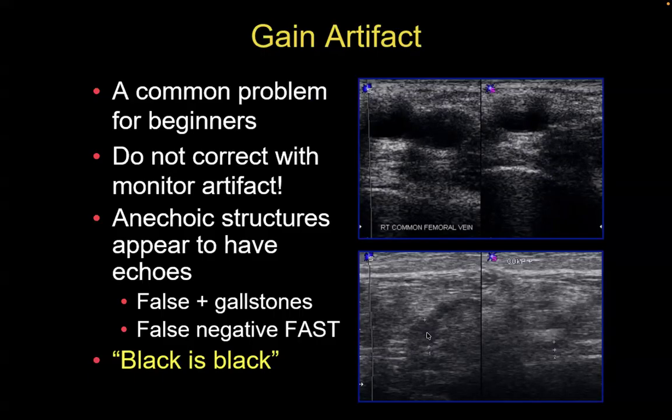And so when you want to adjust for the gain appropriately, you want to make sure to look at specific objects that you know are black or anechoic, and then change the gain down so that object is truly black. For example, when you're looking at the radial artery or the common femoral vein, these things should be black. So you should adjust the gain so that the color appears black instead of white like this.